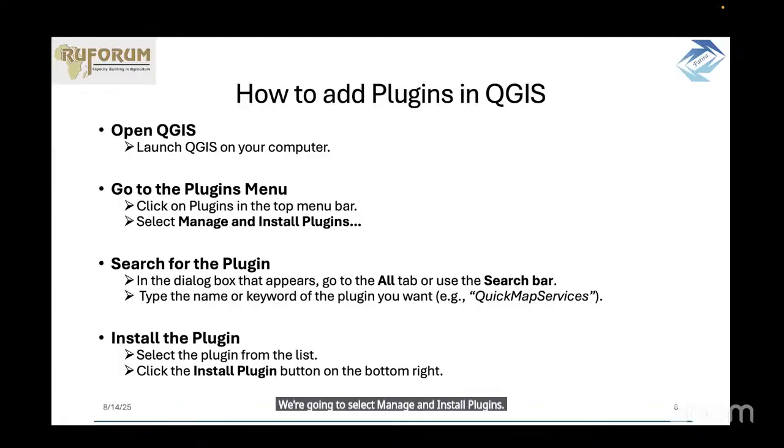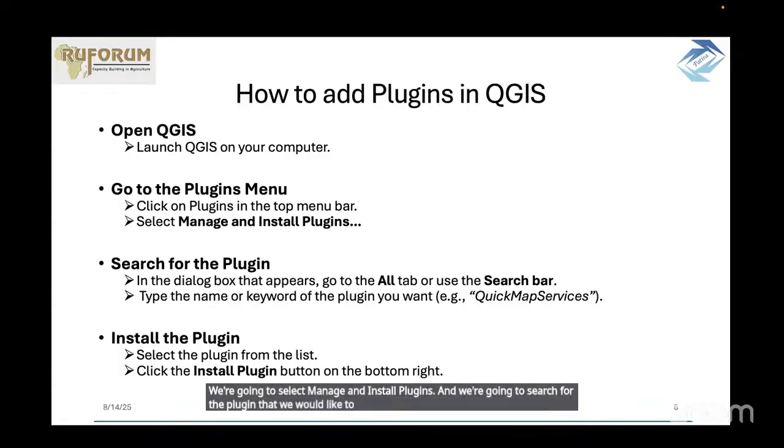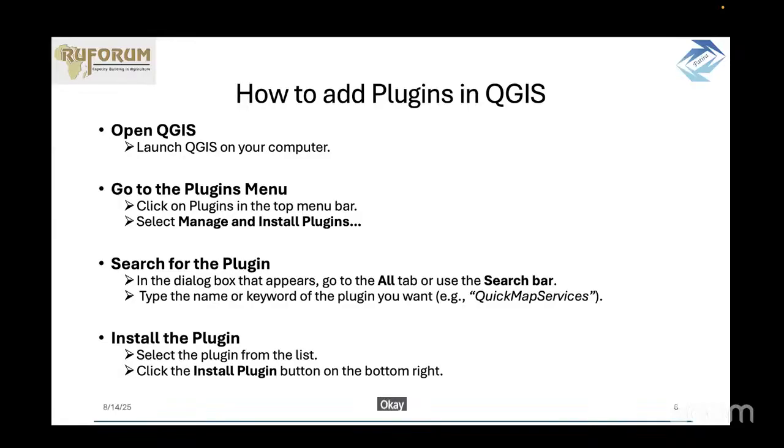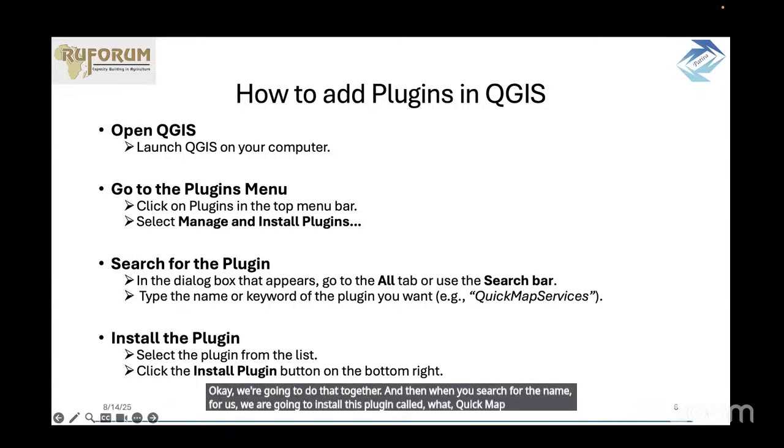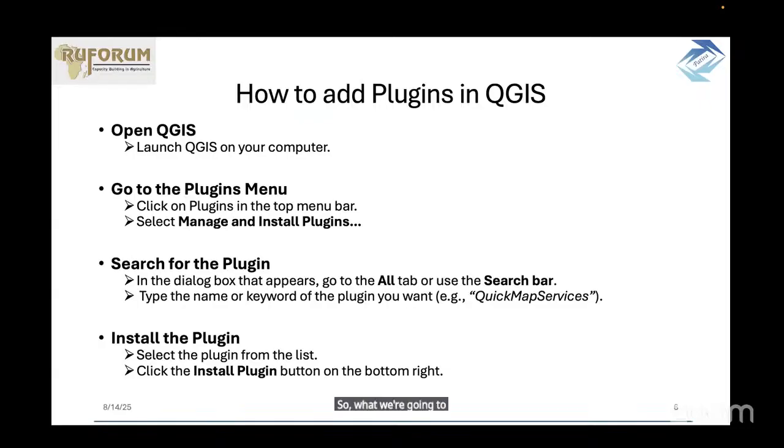And we're going to search for the plugin that we would like to install. For us, we're going to install this plugin called what? Quick Map Services, okay, because we're going to use that. So we will type Quick Map Services, and then when it comes, we just install it. It's as simple as that.